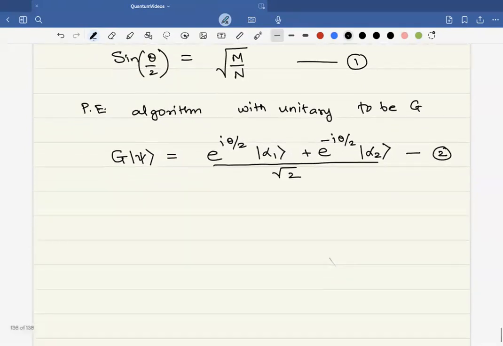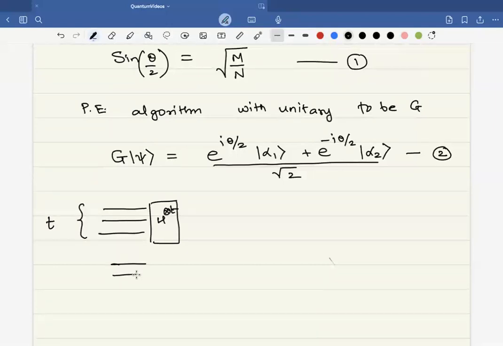And then we had the circuit where we have the top qubits, which were t qubits, and the bottom one was n. And we had this Hadamard tensor n.